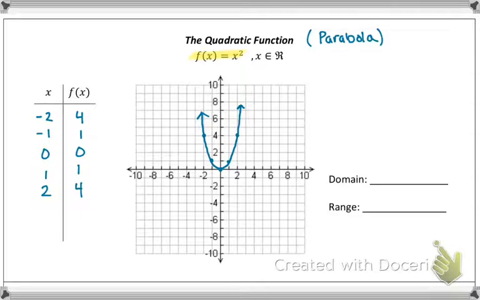And then for my parabola, again, you want to assume from the arrows that as my parabola goes up, it's going to also get wider. So my domain is from negative infinity to infinity. And then again, I don't have any points on my graph that have negative y values. So the range goes from 0, including 0, up to infinity.